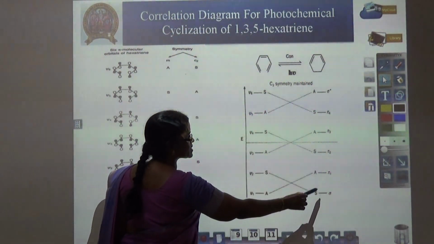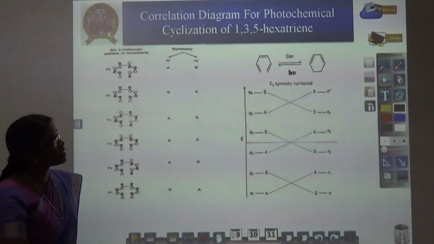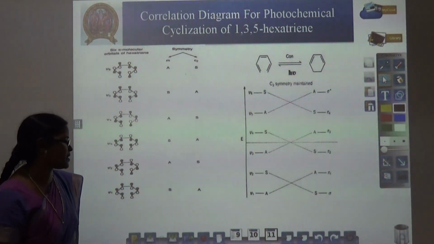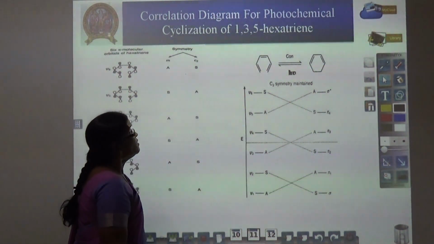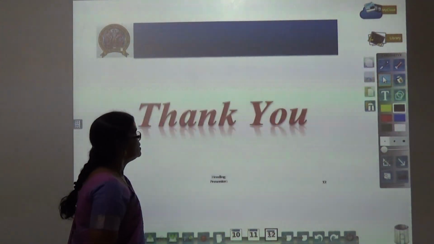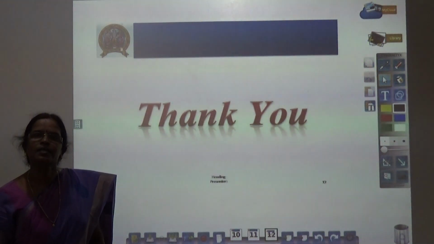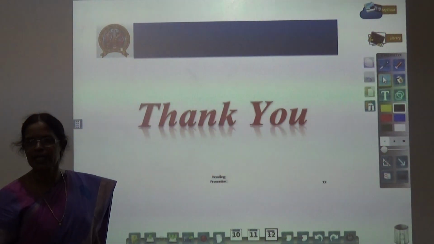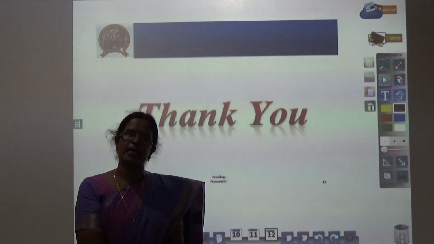This diene system and sigma bond, we already know how to assign as symmetric and asymmetric. So, in this session, we completed the electrocyclic reaction interpretation by the correlation diagram method.